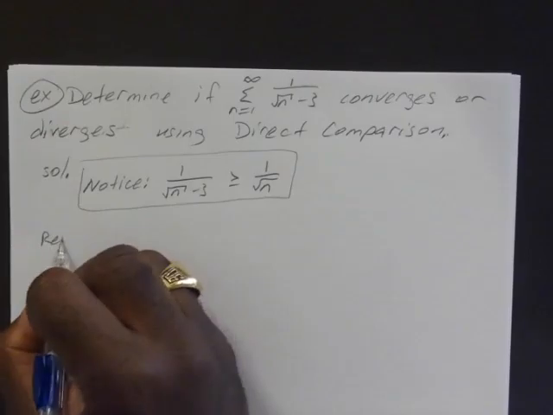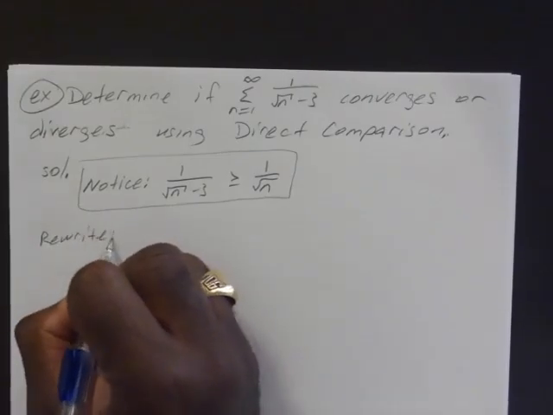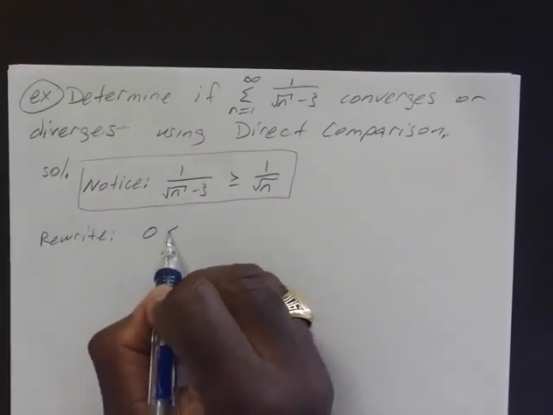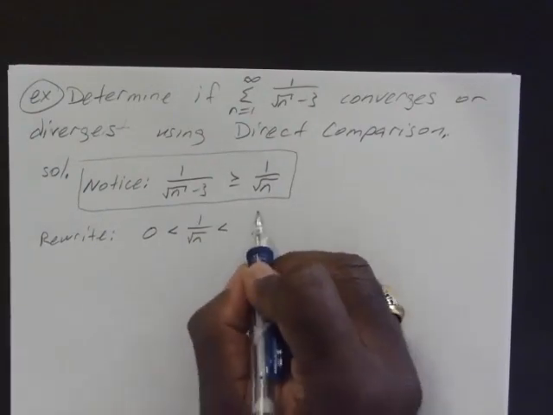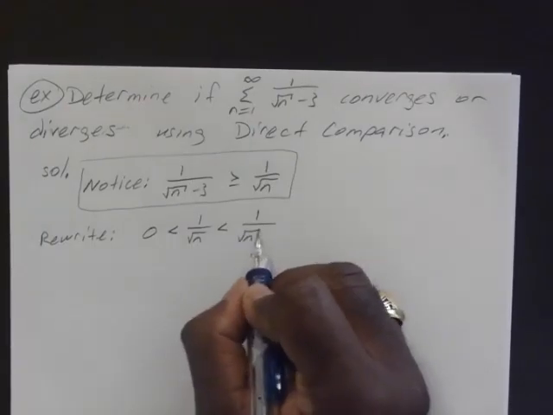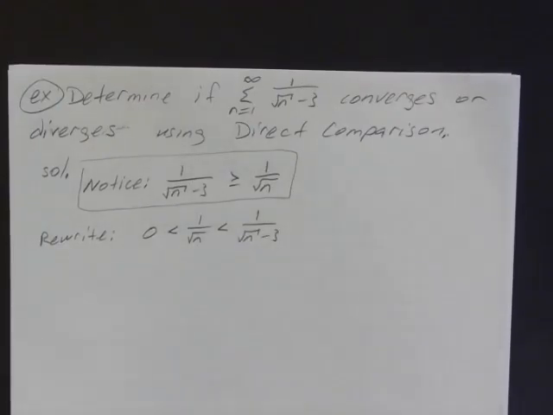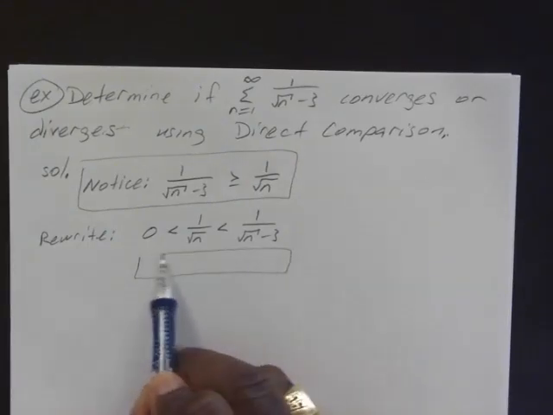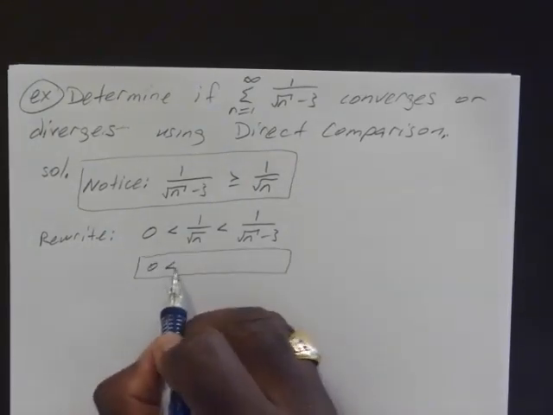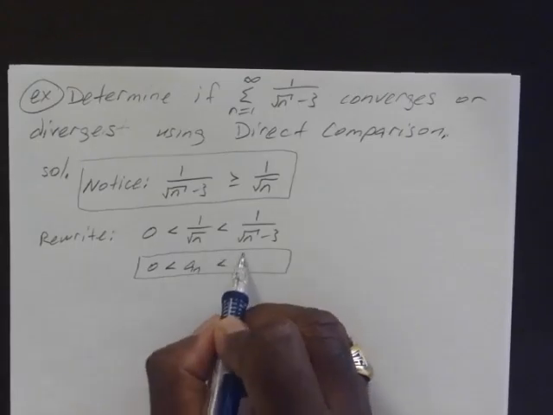So we can rewrite it as 0 is less than 1 over the square root of n, which is less than 1 over the square root of n minus 3. Right now this is in the exact form we need: 0 is less than a sub n, which is less than b sub n.